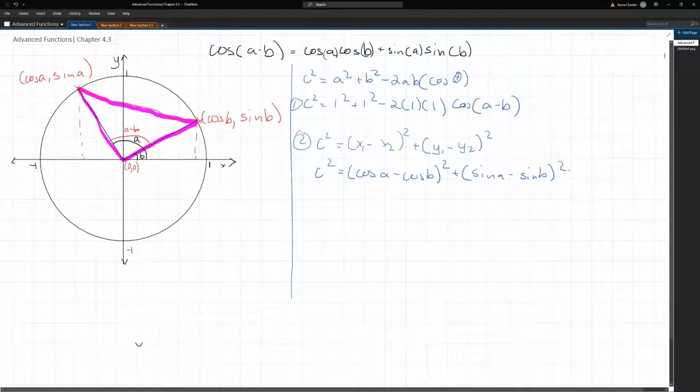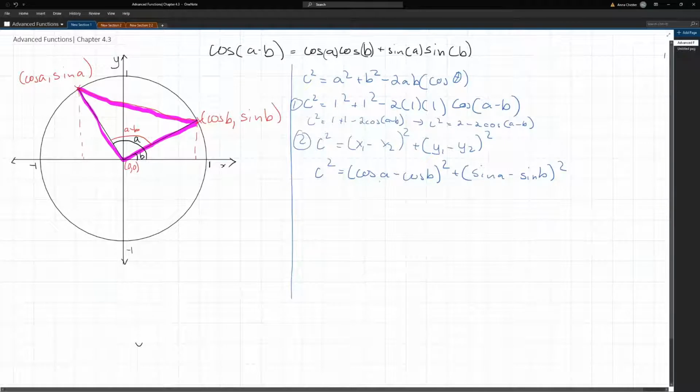Okay, now we have two expressions for the same constant, right? So we could rewrite them in terms of one another. At first, what I would do is simplify this over here. So c squared is equal to 1 plus 1 minus 2 cos A minus B, which, sorry, I don't have enough space to write it fully, is equal to 2 minus 2 cos A minus B. Okay.